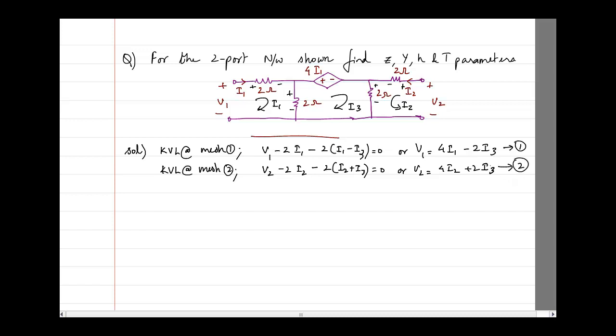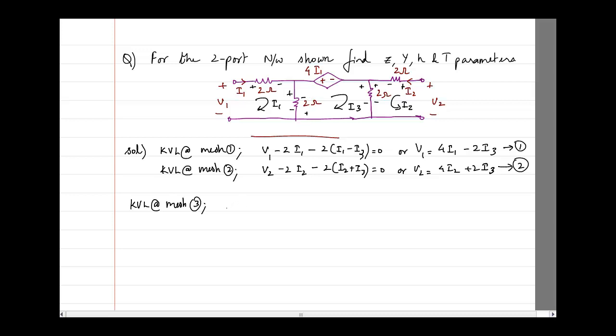For Z parameter, this I3 has to be taken out. For that I will use a third one. So KVL at mesh 3, I will get, so this is going to be plus minus, this is going to be plus minus.